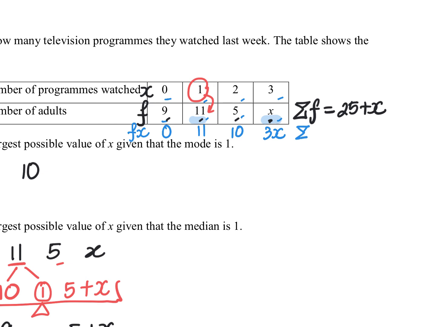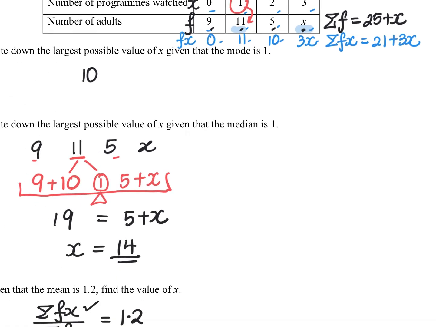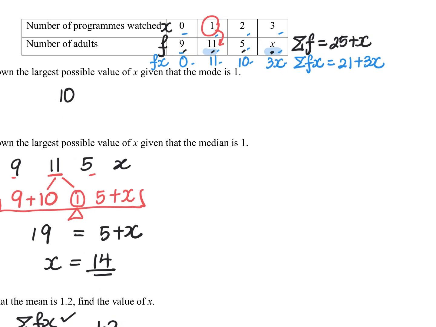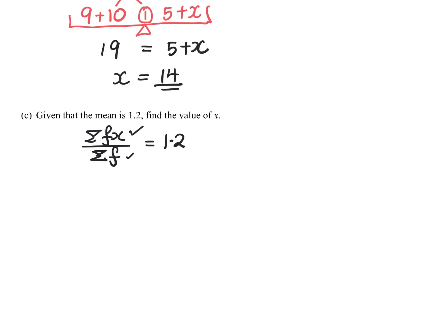The total sum of frequency times the data value, so the sum of all the data values will be 0 plus 11 plus 10 plus 3x. So 0 plus 11 plus 10 will give me 21 plus 3x. So the total summation fx is 21 plus 3x.